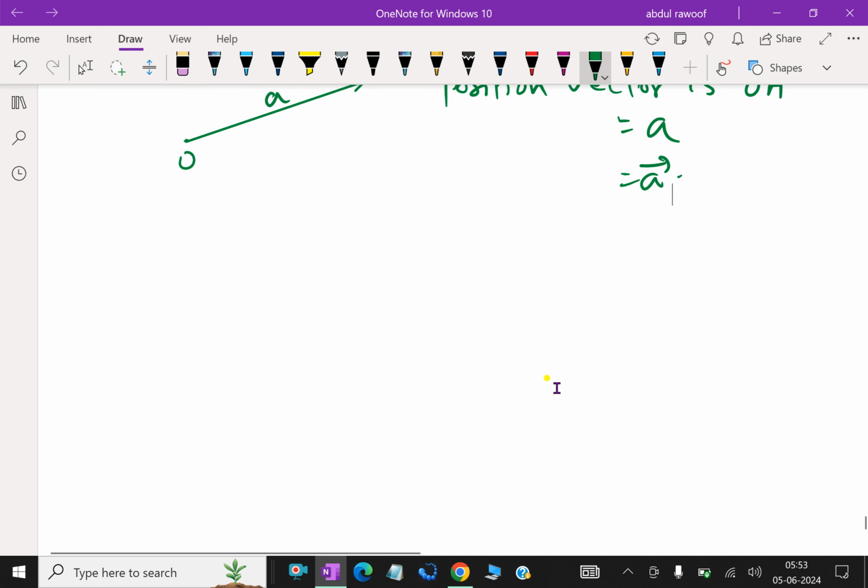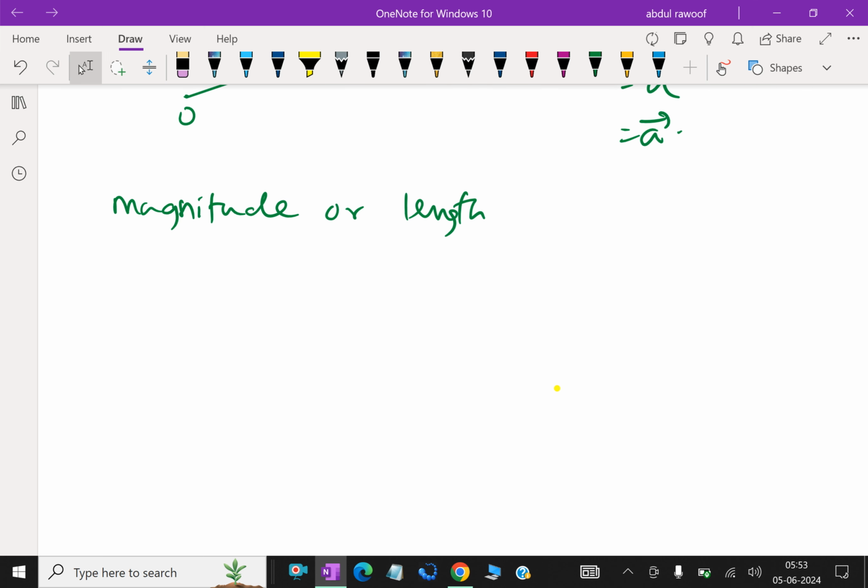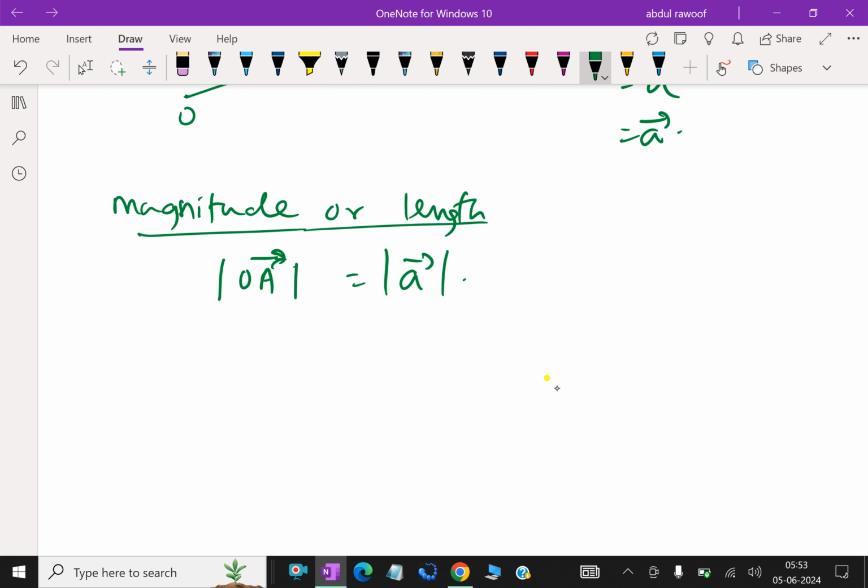Now magnitude, or length. The length of this vector can be represented by the absolute value of OA, or the magnitude of OA. This is the magnitude.